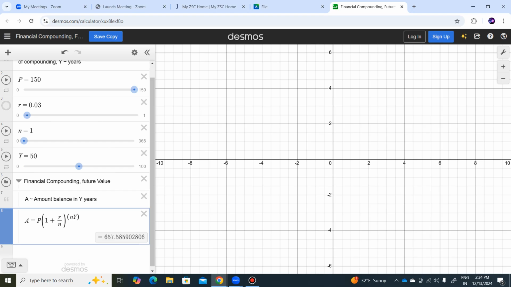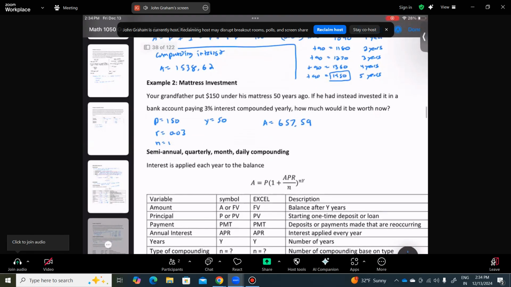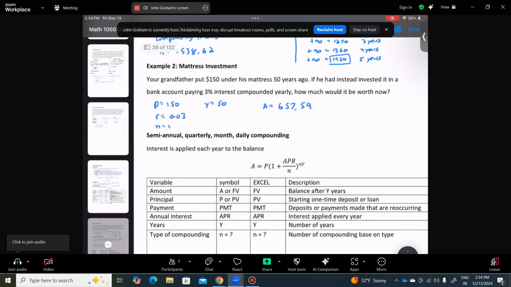So even after 50 years, it's not drastic, but it's still more than the 150. Almost 150. Oh, I'm sorry, almost $507 more. All right, so that's compounding every year. You're adding the interest on each year as we go through.